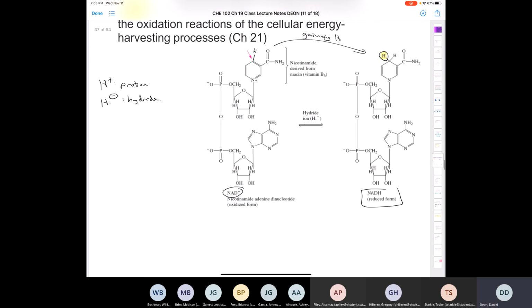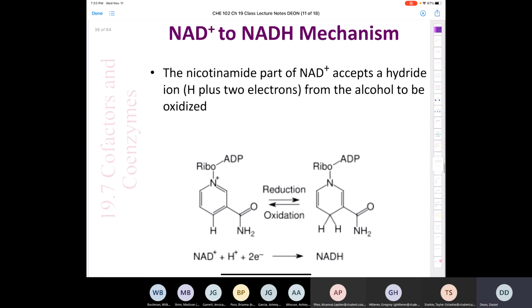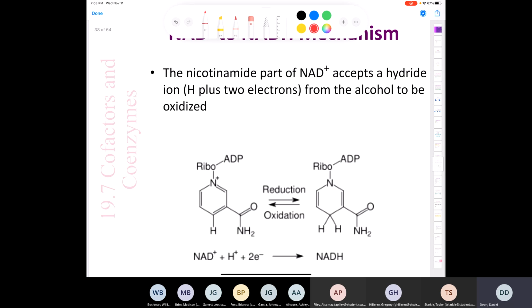This is just another representation of NAD+. It says the nicotinamide part of NAD+ accepts the hydride, plus 2 electrons, from the alcohol to be oxidized. I'm not that concerned with electron counting here, but I just want to show you that what you learned in Chemistry 101 is still true.